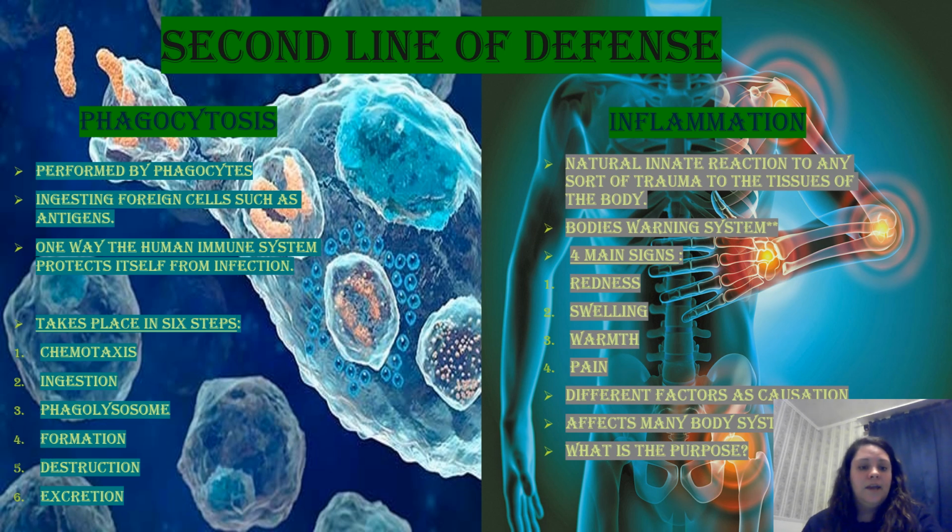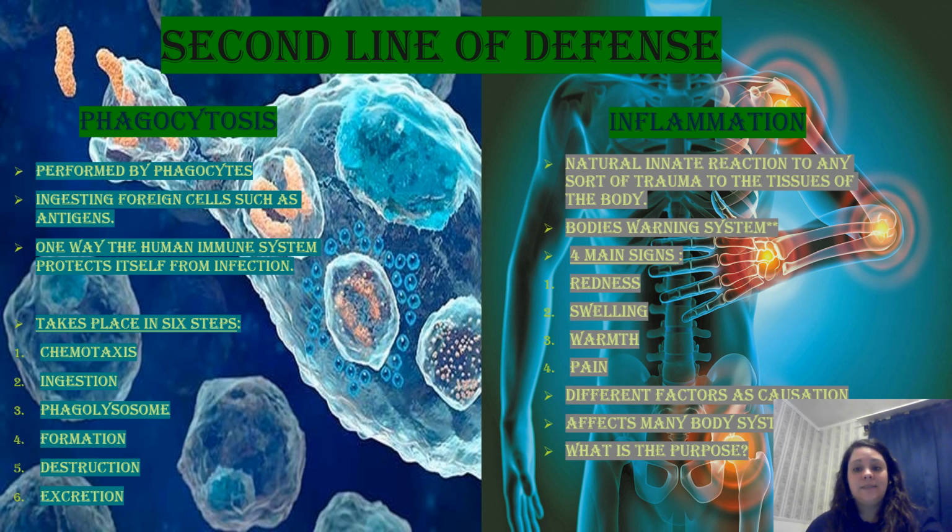Okay, now the next one we're going to talk about is inflammation. Inflammation is a natural innate reaction to any sort of trauma to the tissues of the body caused by an injury. It could be something like a bee sting or broken bone, anything like that. It's basically the body's warning system, like, hey, you need to stop, slow down, and assess what's going on here.